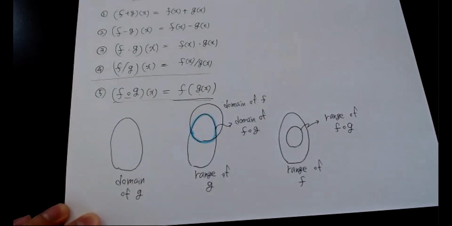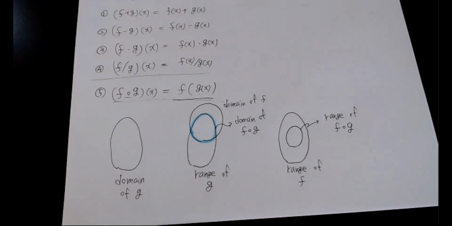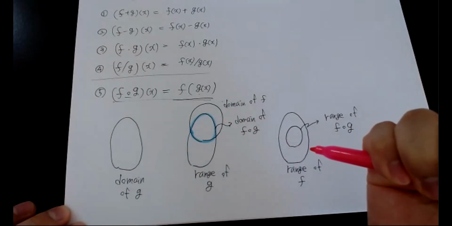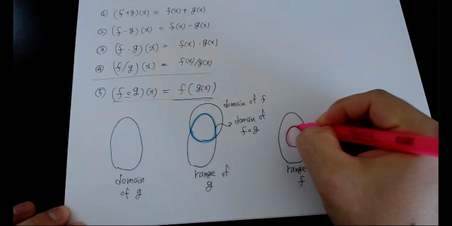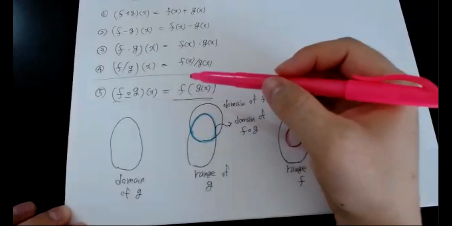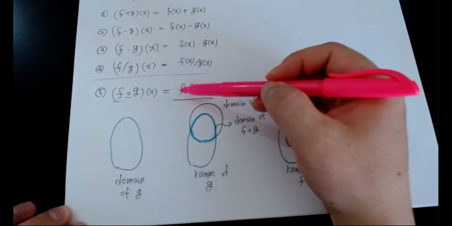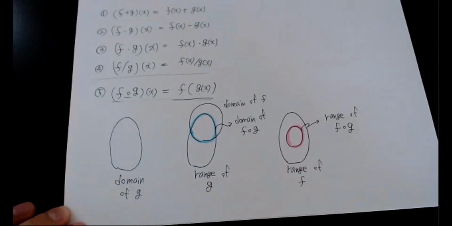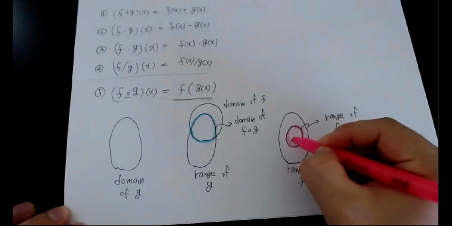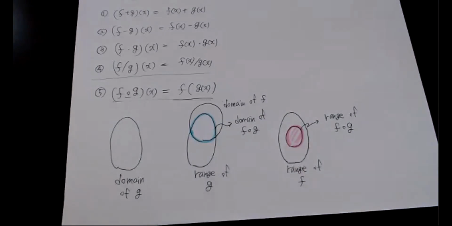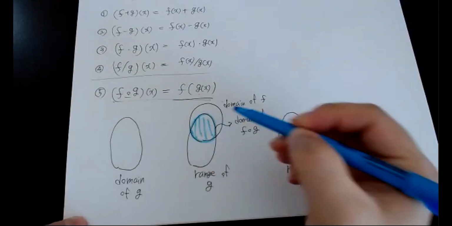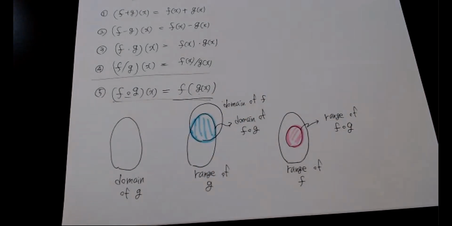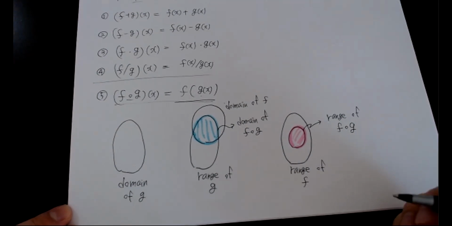And then now what? All the numbers that belong to the domain of f after g go to here. Because eventually we're going to evaluate f, right? So the output of f must belong to the range of f. Okay, so keep in mind this right here. Oh, not domain of f.